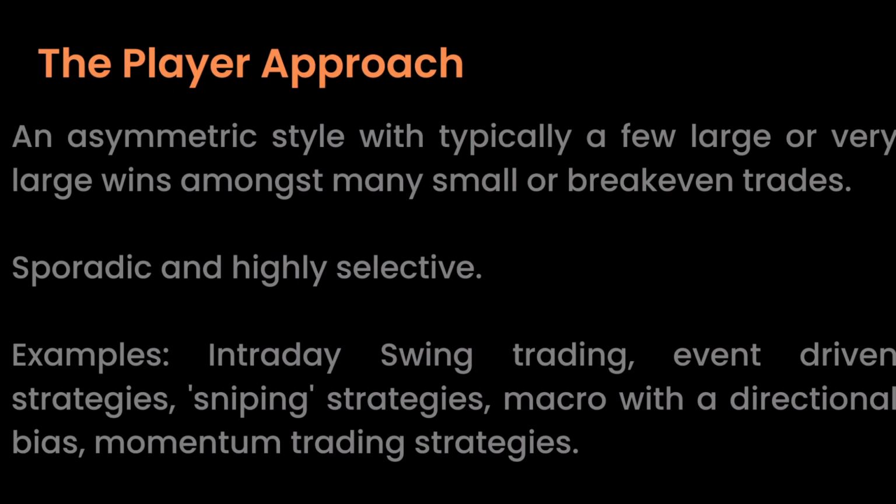But once they really are able to snipe that bottom and they don't get stopped out, those trades will run very, very hard, right? So they don't really need to win often to be successful in the market. They just have to win a couple, really, really good ones, and they'll end up finding their way in profits, right? And you can see a few examples down below: intraday swing trading, event-driven strategies, sniping strategies, aka sniping the bottom or sniping the top, right?